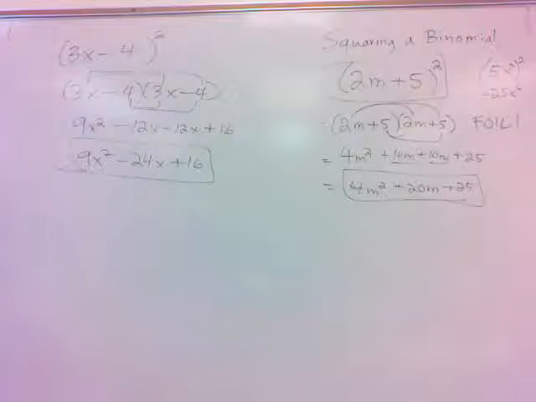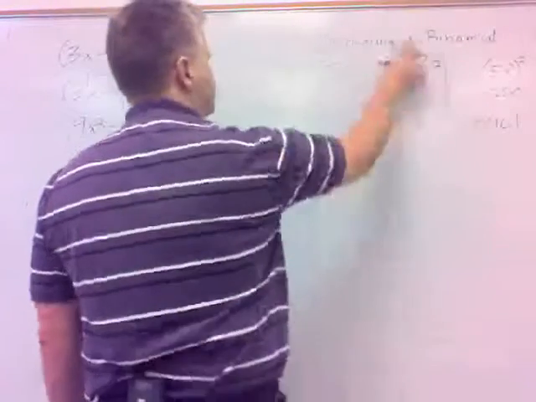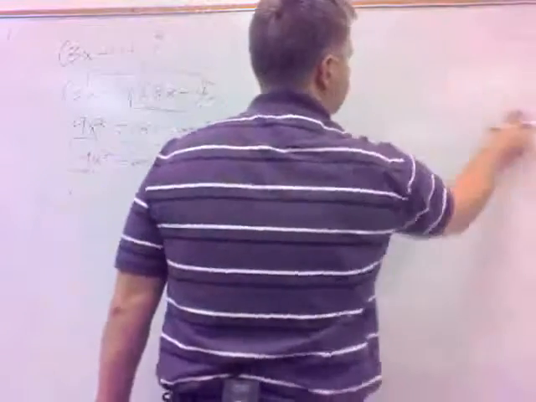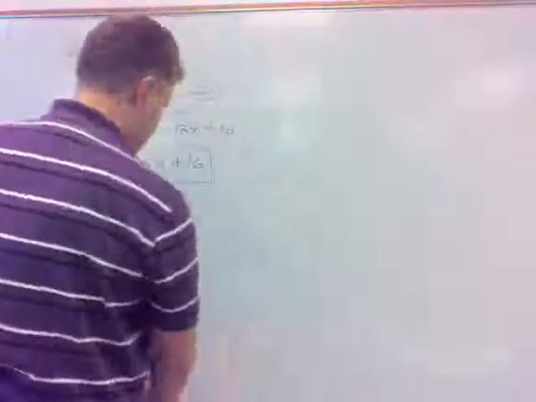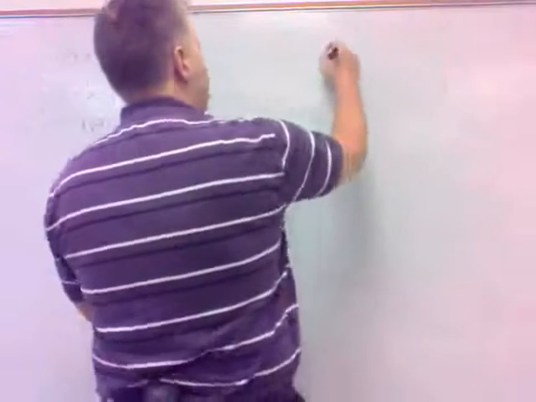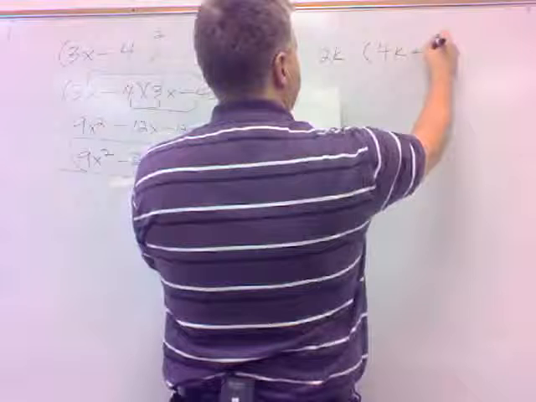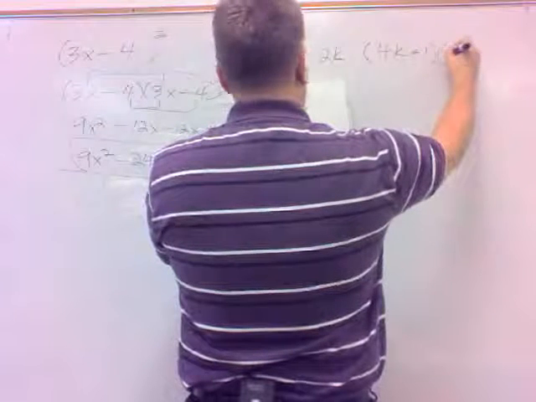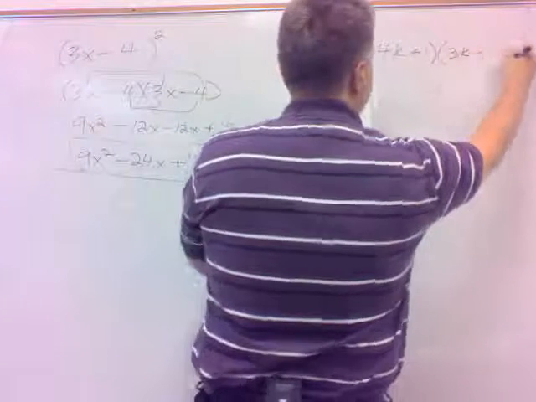All right. A couple other products here. Let me go ahead and mention, what if I had this, 2k times 4k plus 1, but then I had another pair of parentheses and it had 3k minus 2.